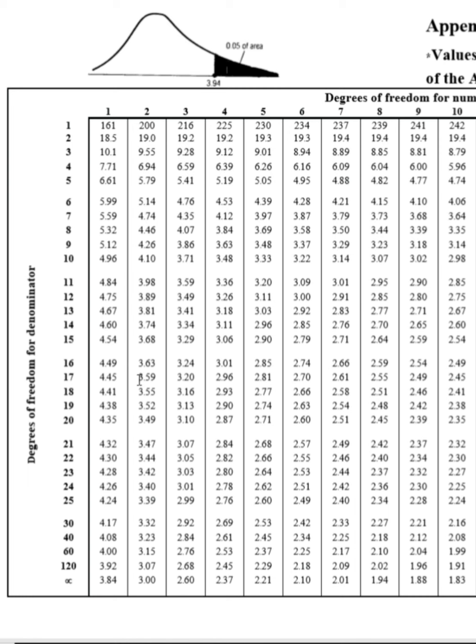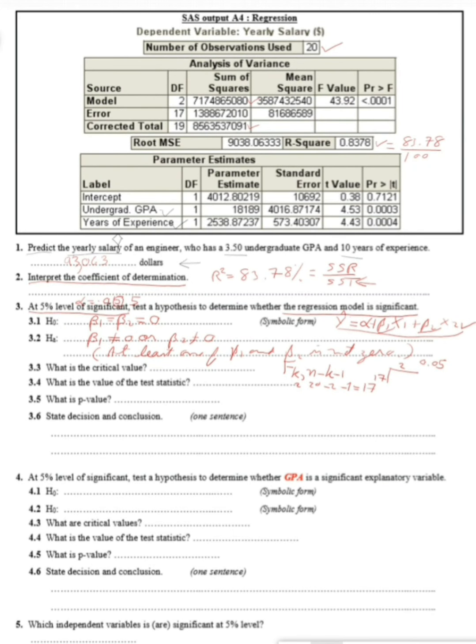So 3.59. The rejection region is on the right of 3.59. The critical value is 3.59.